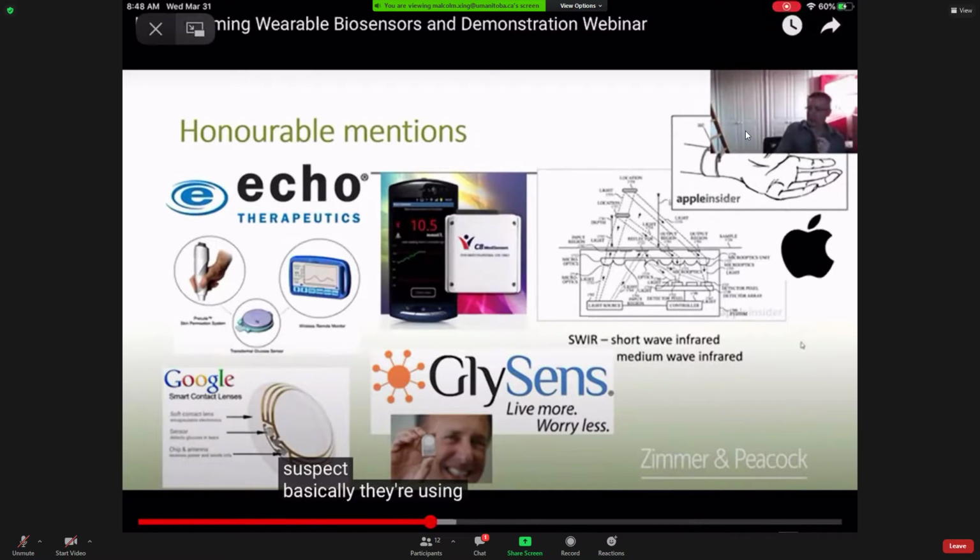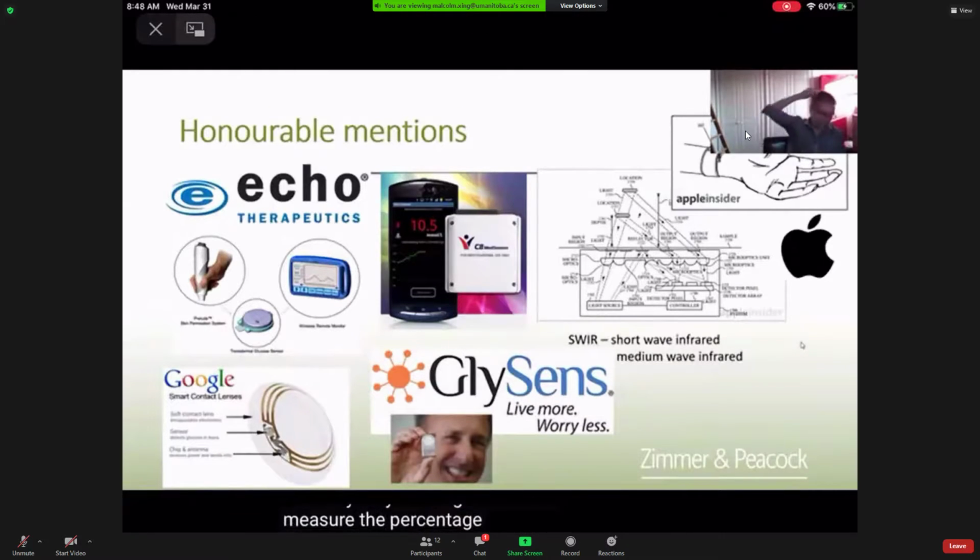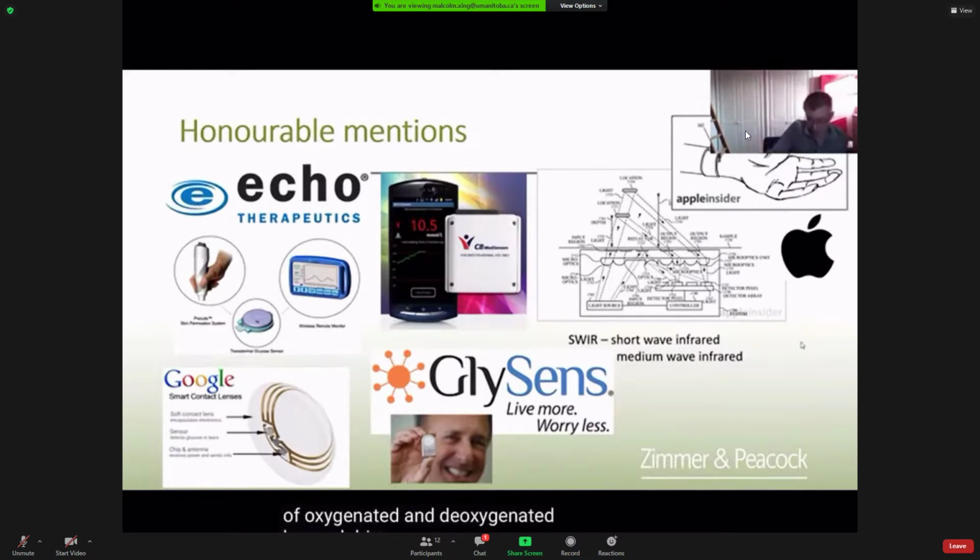But the mechanism is using NIR and nanometer lasers, because blood goes from fresh red to a little bit dark. Near-infrared is absorbed with more efficiency by the dark-colored material, so the reflection is different. So that is the mechanism: the LEDs measure the percentage of oxygenated and deoxygenated hemoglobin.